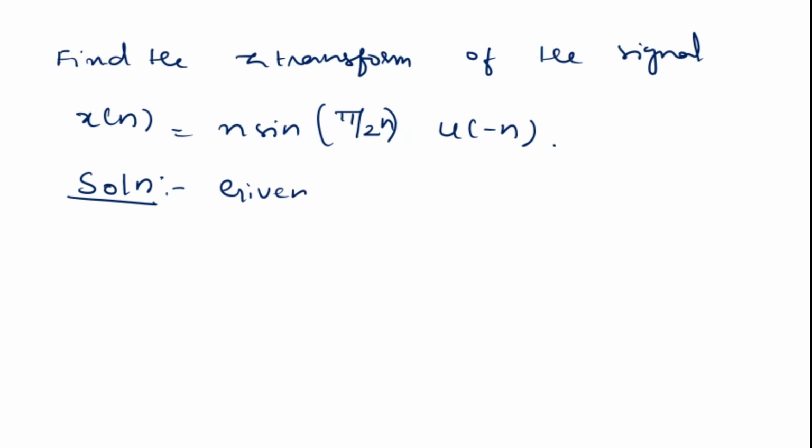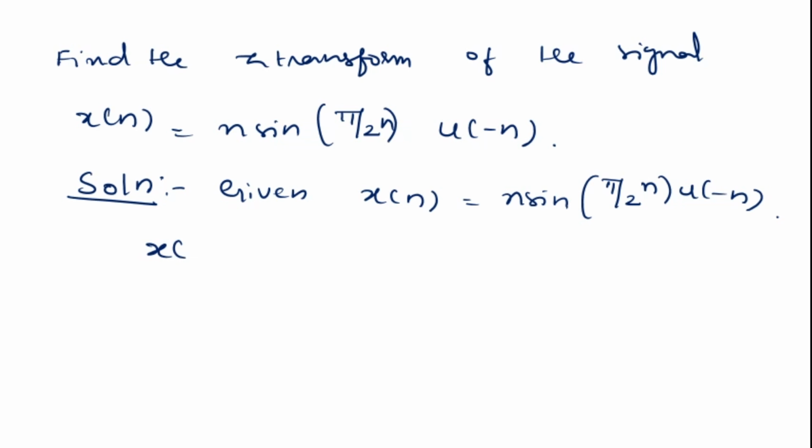It is given x of n is equal to n sine pi by 2 n into u of minus n, or we can write x of n as minus n sine minus pi by 2 n into u of minus n.